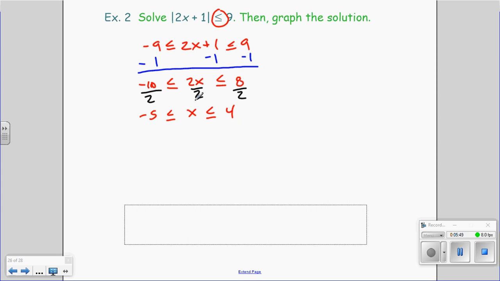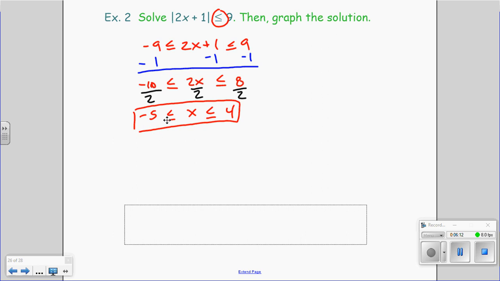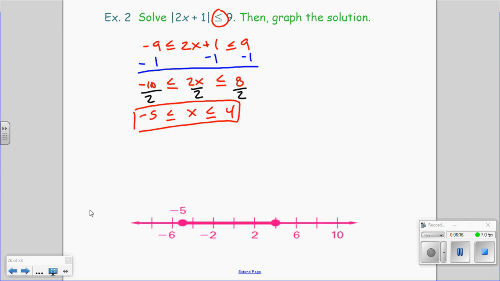But that's not the case right now because I divided by positive 2. Had it been a negative 2, I would be changing all these less thans to greater thans. So my solution is negative 5 less than or equal to x less than or equal to 4. When I graph it, I'm going to have two closed dots this time on negative 5 and positive 4, and we're going to shade in between.